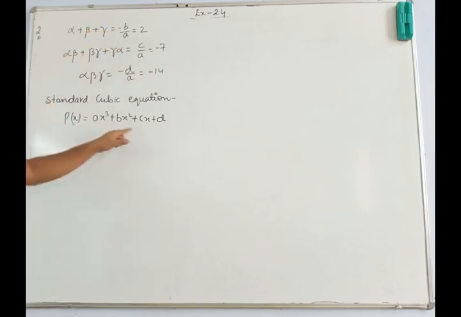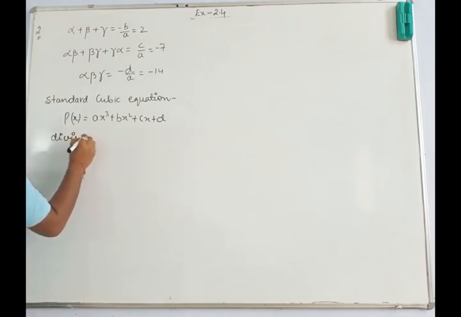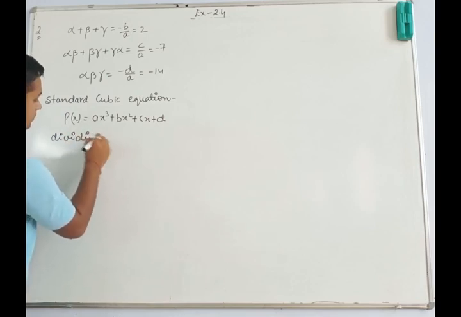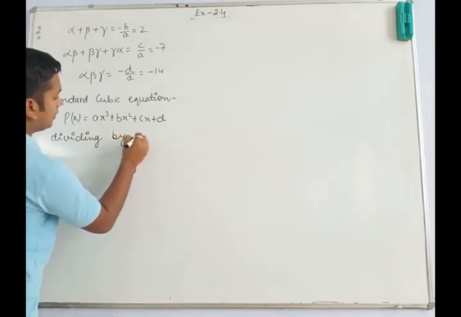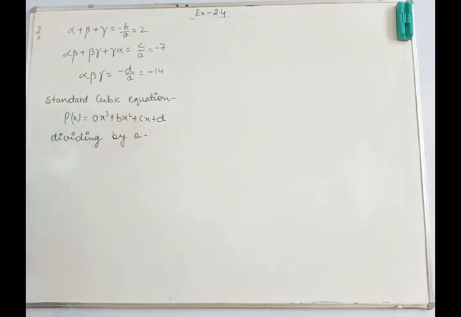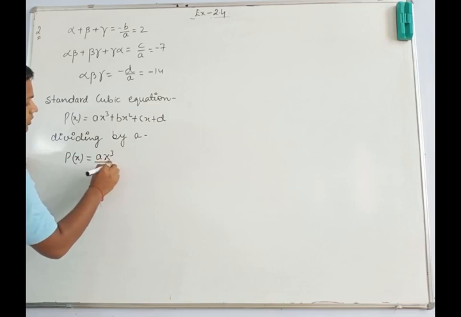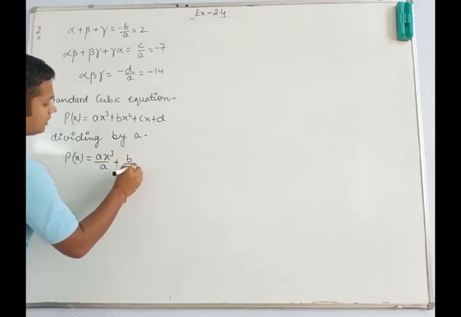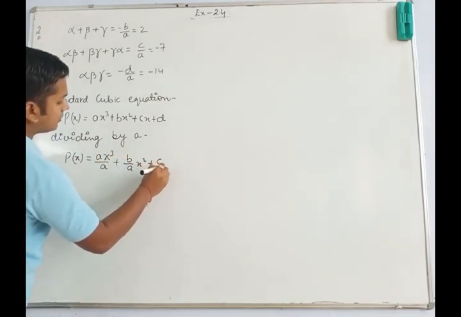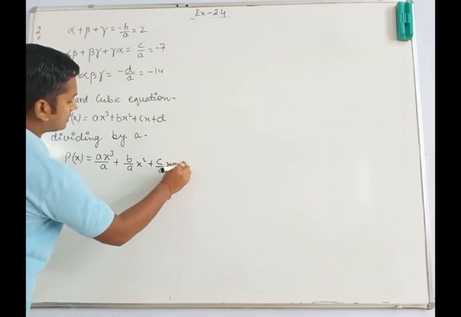Now this standard cubic equation, what will we be doing? Dividing by a. So the right hand side of this polynomial will be divided by a. So what will we be getting? ax cube upon a plus b upon a x square plus c upon a x plus d upon a.